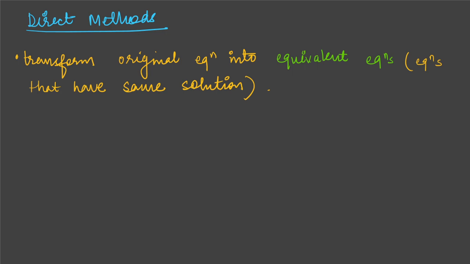And this is why I told you that you know how to solve by Gauss elimination, you know how to solve by singular value decomposition, whatever. But these are the things that you do not know. It is important for you because this is where the algorithm is hidden, and this is the base of the method. So direct methods transform original equations into equivalent equations. Now the question is, how does this transformation work?